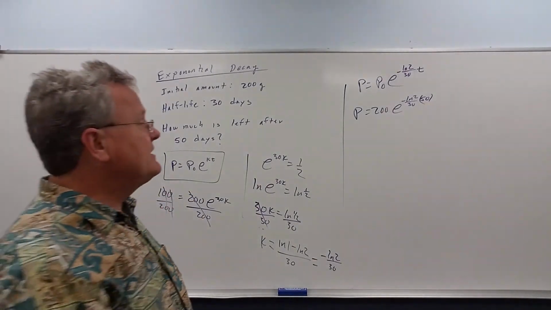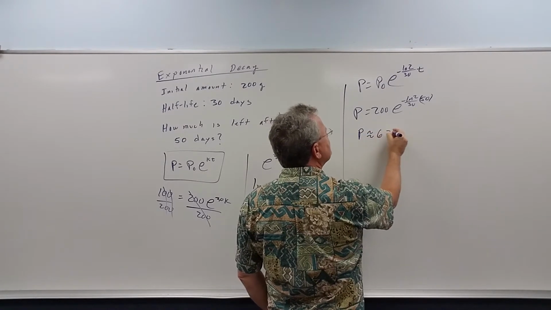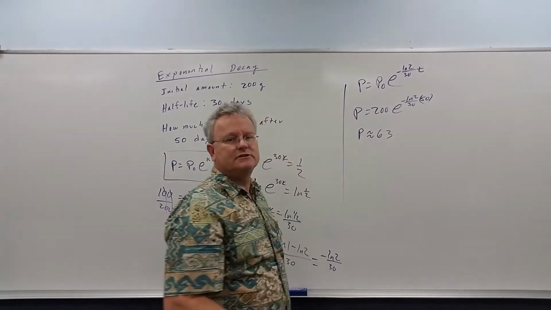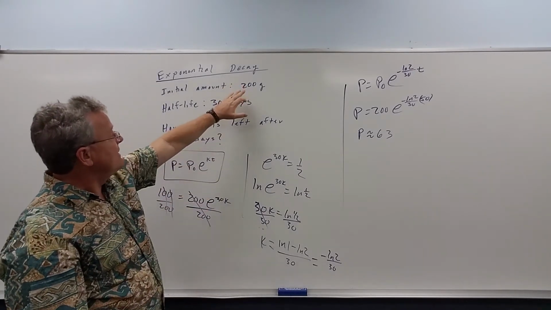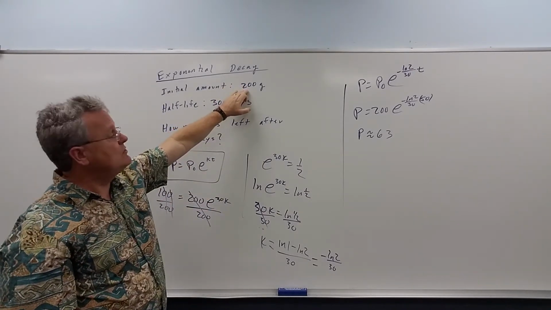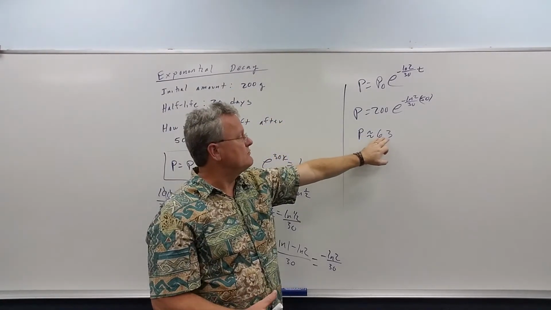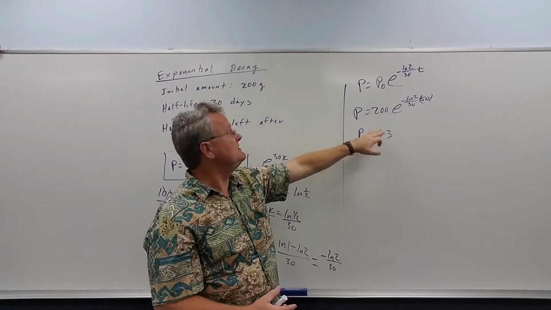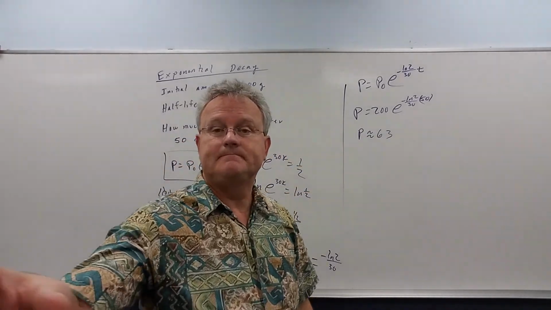And when you plug that into your calculator, you're going to get a number that's about 63. So after 50 days, the initial amount of 200 grams will be equal to 63 grams. So that's our answer, 63.